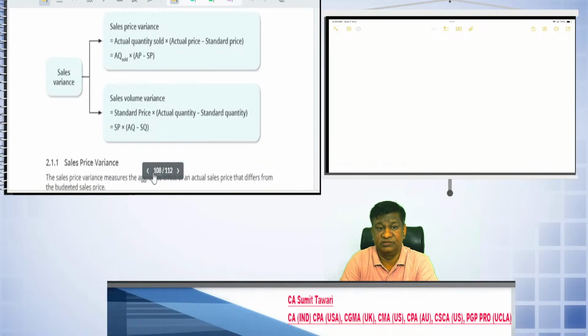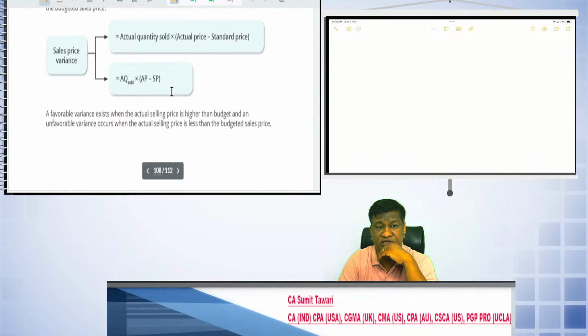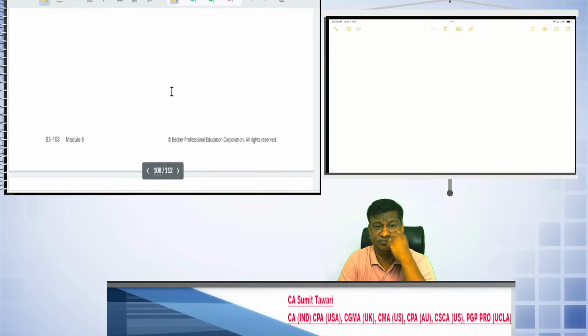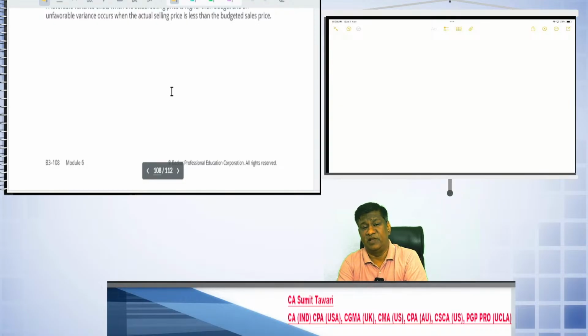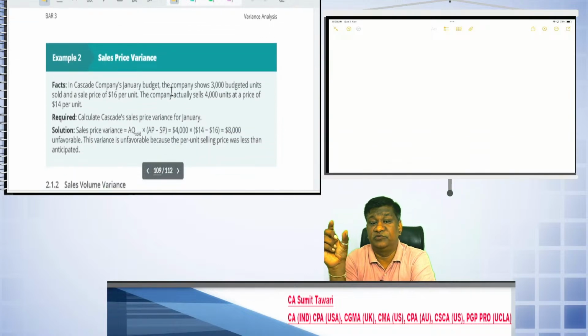So sales price variance is actual quantity sold multiplied by actual price minus standard price, and the quantity variance is standard price multiplied by actual quantity minus standard quantity. So in sales, basically we need to start with the actual.